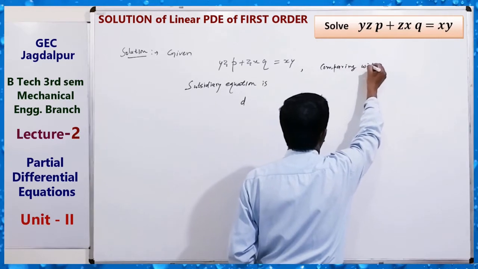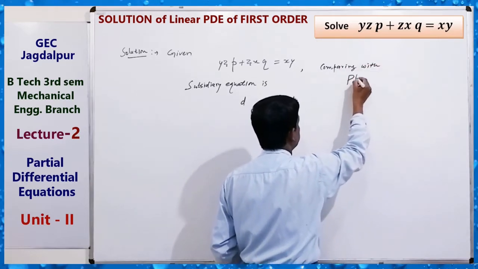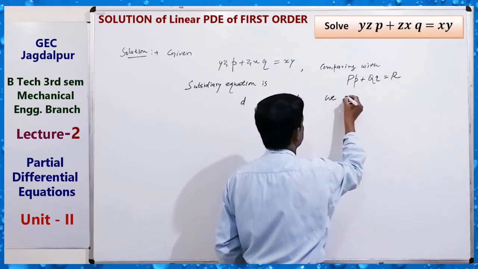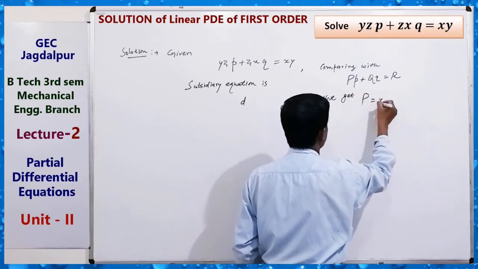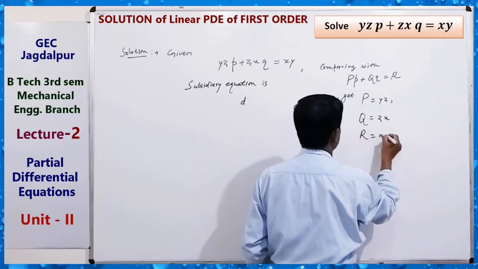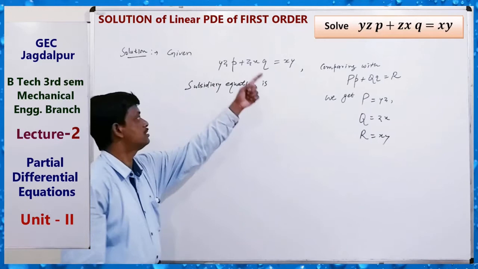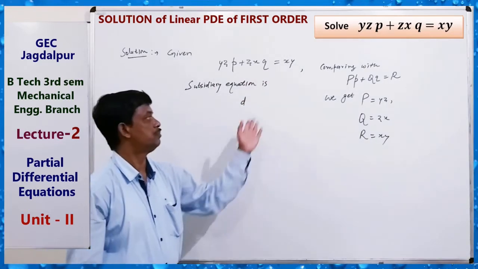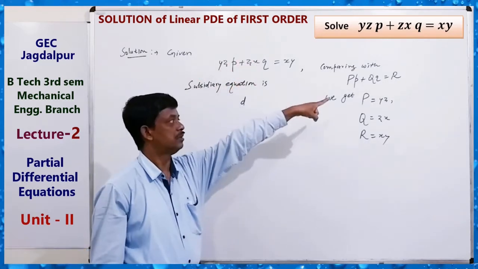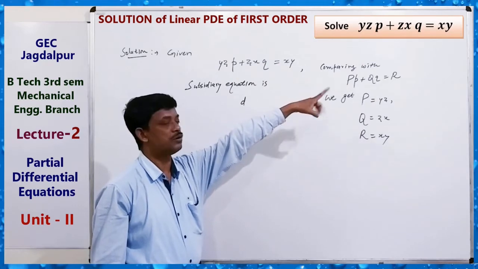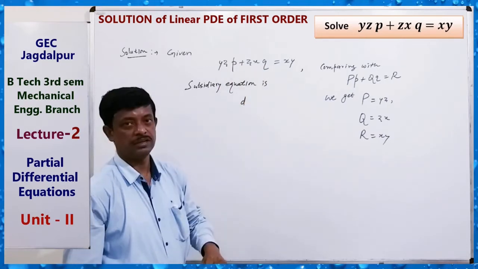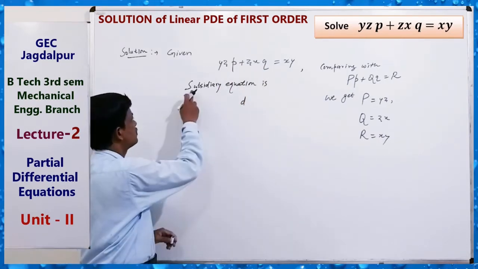Comparing with Pp plus Qq equals R, we get P equals yz, Q equals zx and R equals xy. Because this is of the Lagrange linear equation type, Pp plus Qq equals R, we compare the given equation with it. Then P equals yz, Q equals zx, R equals xy, and then write the subsidiary equation.